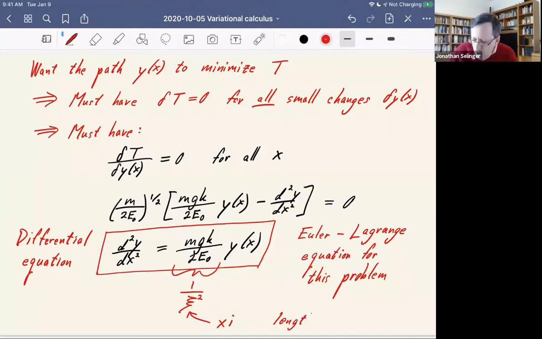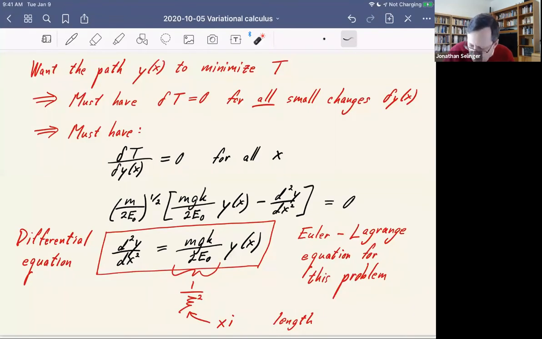And here you can see from dimensional analysis that xi must be a length if this equation is correct, because here this is a second derivative, right? So it has units of y divided by x squared, right?